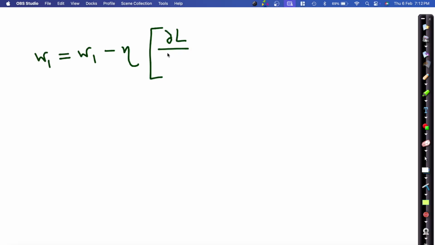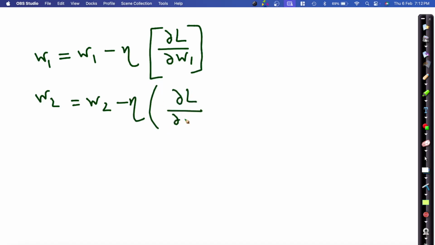Dou L by dou W1, isn't it? This is the formula, right? Updating the weight for each epoch. For updating weight 2, W2 new is my old W2 minus eta times dou L by dou W2.